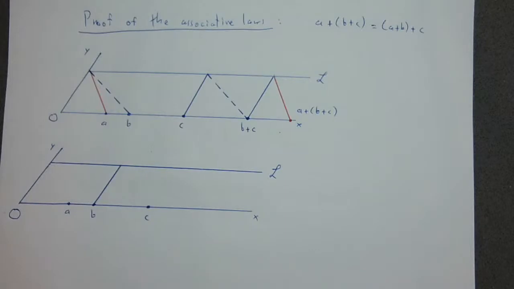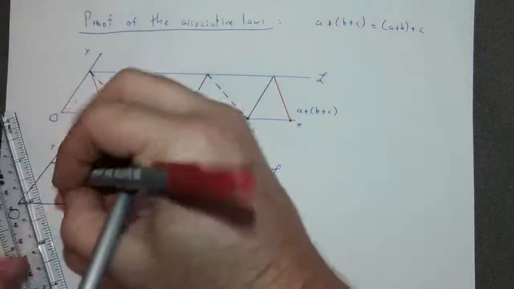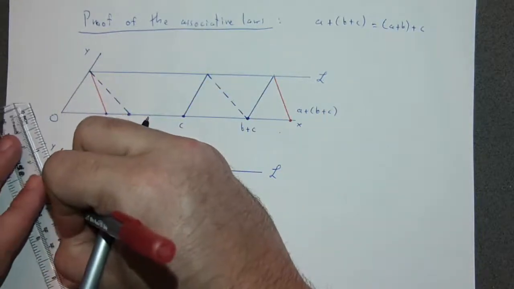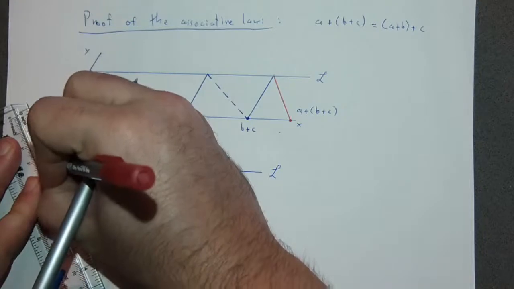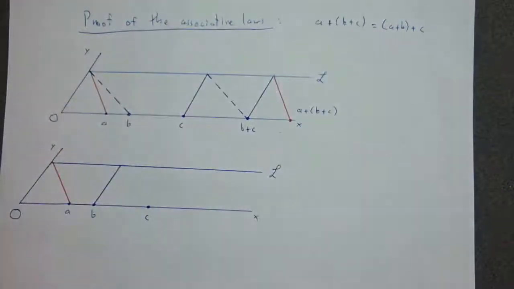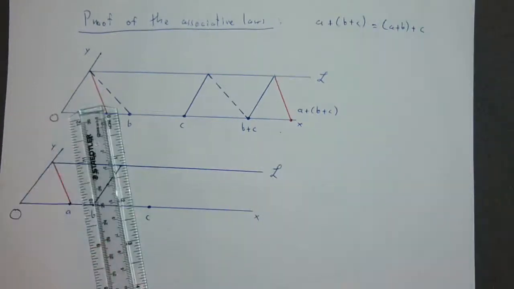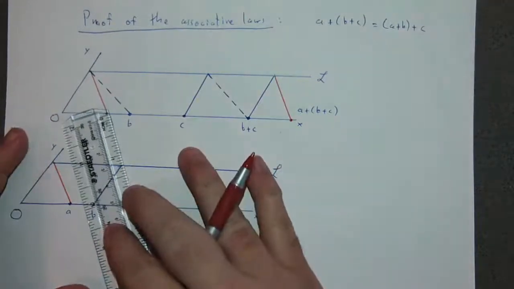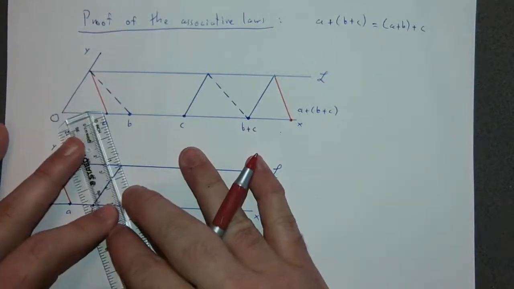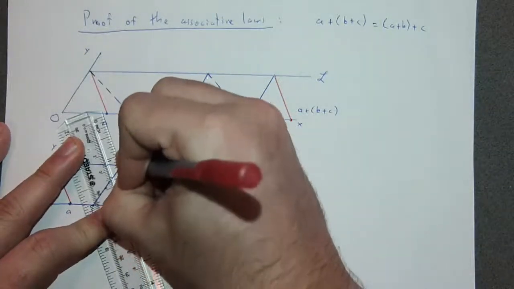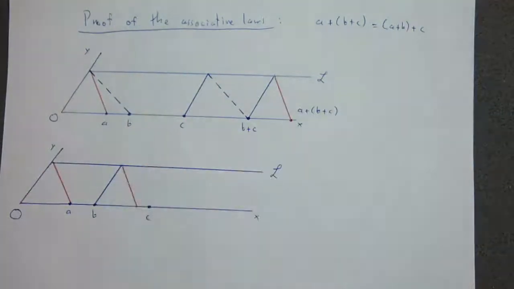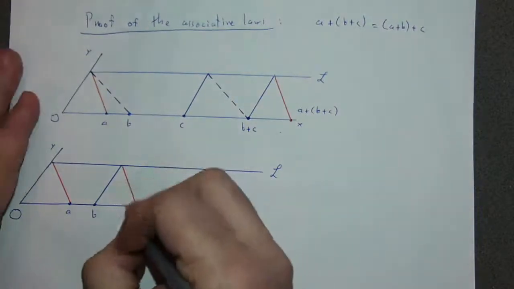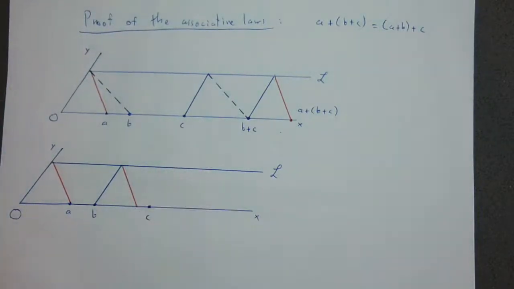And so now to construct A plus B, I need a line from A to this intersection point where this thing intersects the y-axis. And then I draw in a parallel to that line from this intersection point on L. So that would give me A plus B.